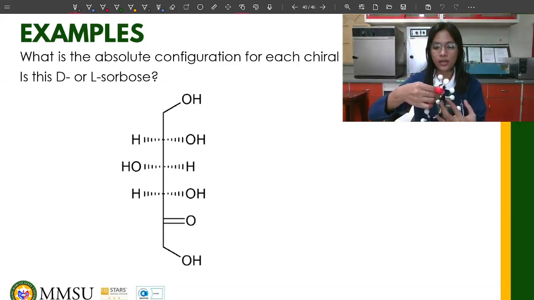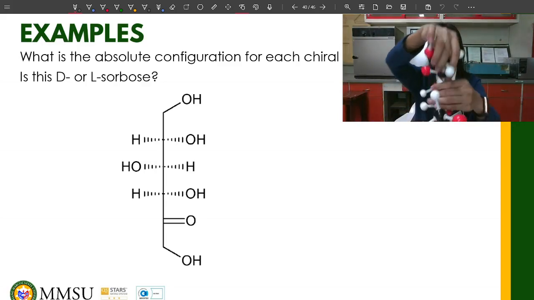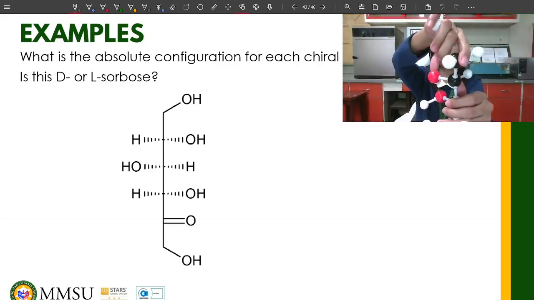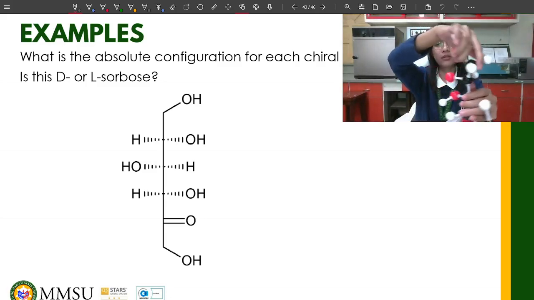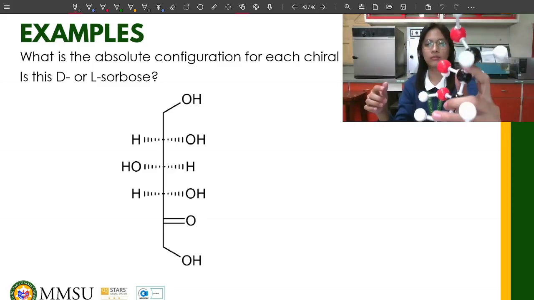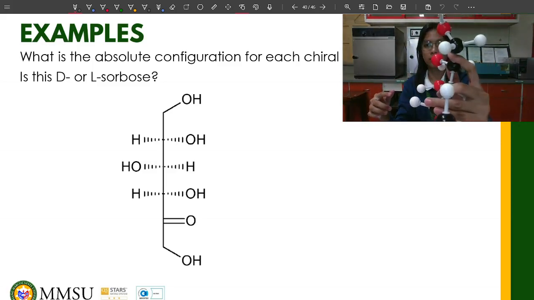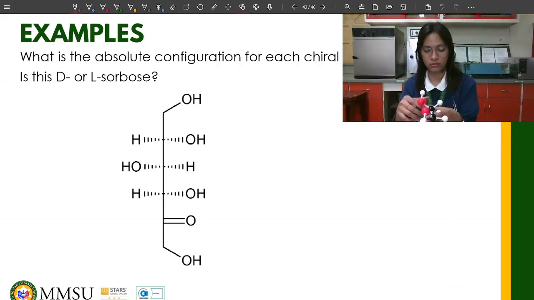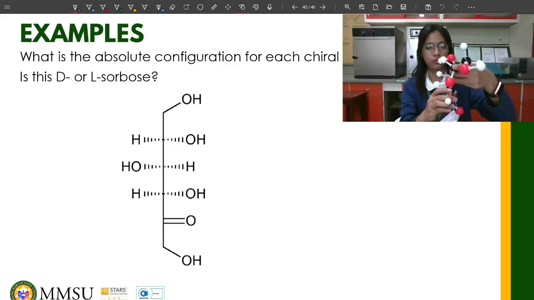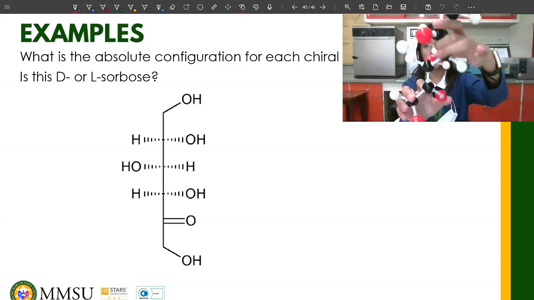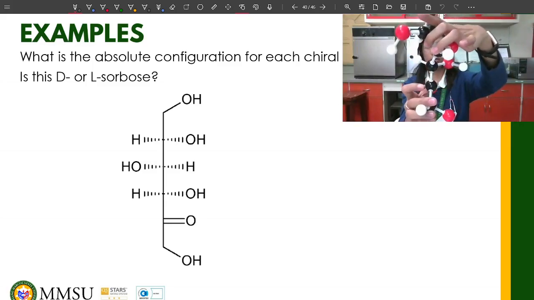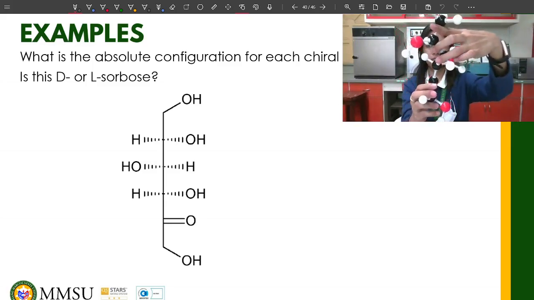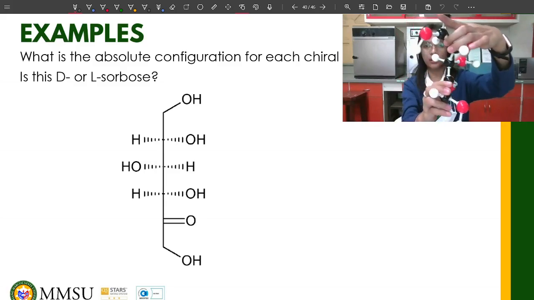And then yung last na chiral carbon mo is this one. Ito nasa right, and then, ay, nasa right ba? Tama ba? Nasa left. Baliktad ba siya? Eh, baliktad. Wait lang, ayusin ko. Eto. Ano yung nakikita nyo dito? Yan. Tama.